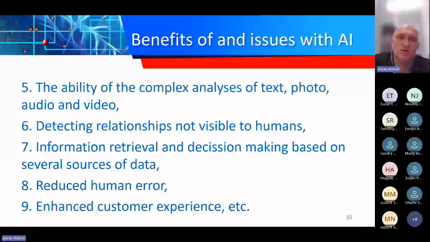Of course, one of the advantages is enhanced customer experience, because now companies can serve more customers. The customers can get answers in a shorter time, and they could get recommendations which are better suited for them. So generally, the customers could be more satisfied.